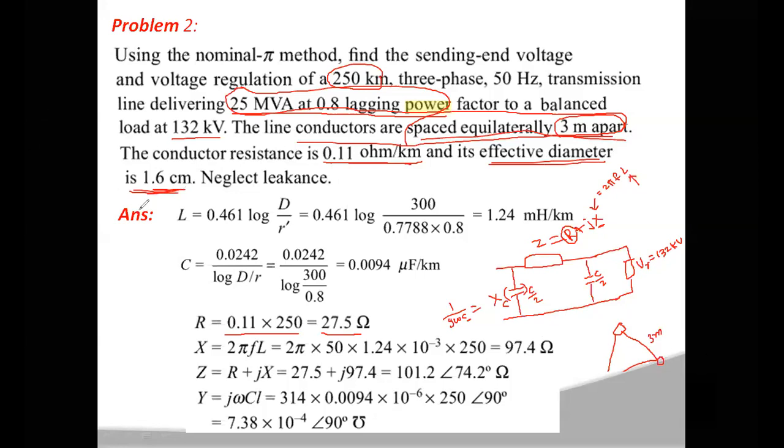The inductance value L is equal to 0.461 log d by r dash, where r dash is the geometric mean radius, which is equal to 0.7788 times r, and d is the distance between the two lines.